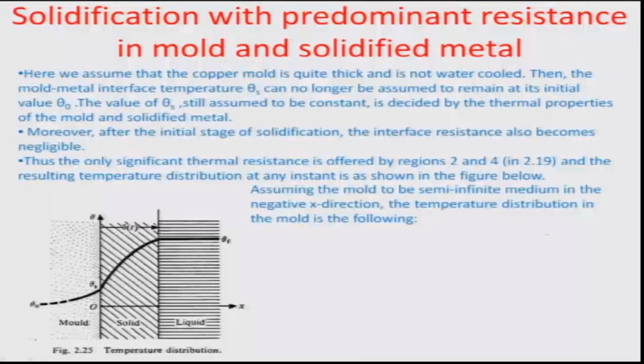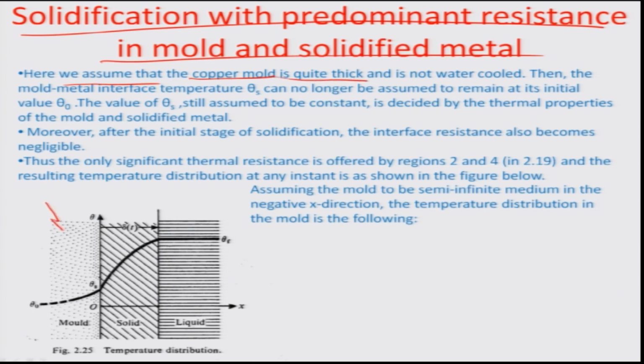The other case that we would like to illustrate here, with predominant resistance in mold and solidified metal, is the case where obviously we assume a copper mold which is a highly conducting mold with respect to the metal that it is solidifying. It is quite thick vis-a-vis the thin mold that we had illustrated earlier, and it is not water cooled.